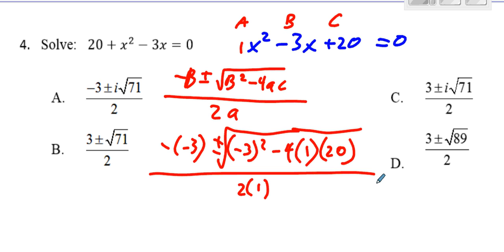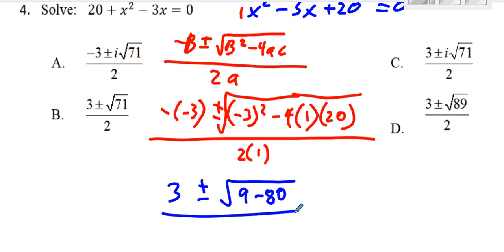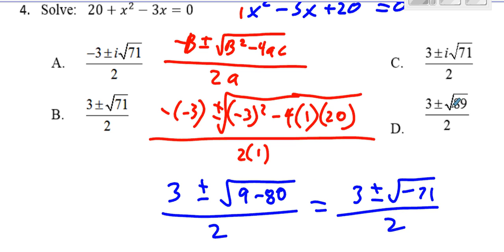Negative 3 squared is 9. And then negative 4 times 1 is negative 4, times 20 is negative 80. 2 negatives makes a positive 3. And that's all over 2. So 3 plus or minus the square root of negative 71 over 2.